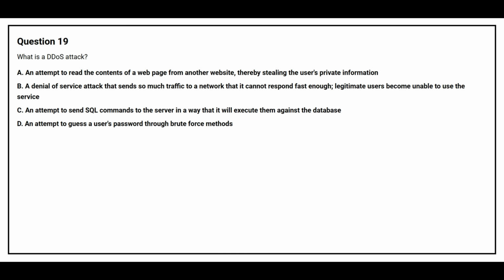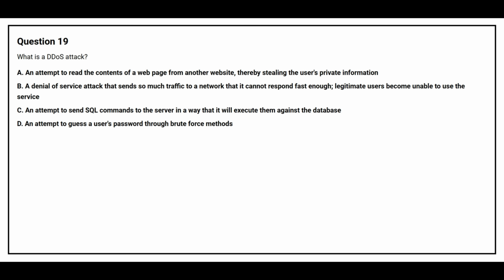Question number 19. What is a DDoS attack? Option A, an attempt to read the content of a web page from another website, thereby stealing the user's private information. Option B, a denial of service attack that sends so much traffic to a network that it cannot respond fast enough, legitimate users become unable to use the service.